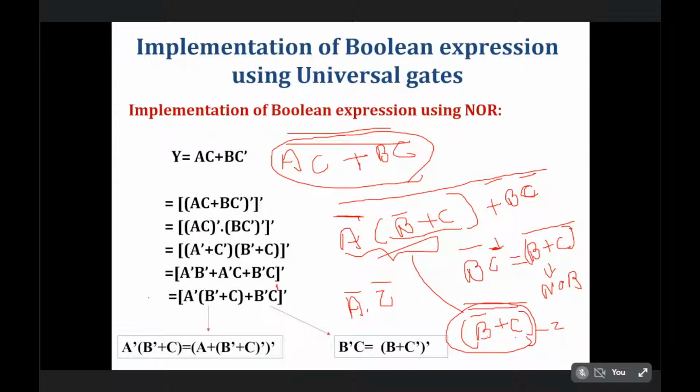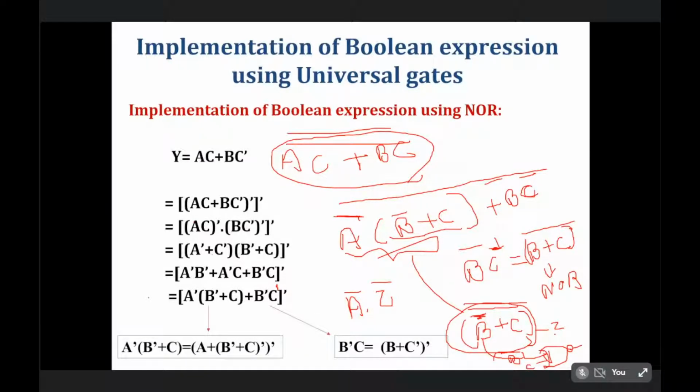How to convert this? It will be B bar C. So the inputs of the gate will be C and B bar. For this B bar we need to use one more NOR gate.